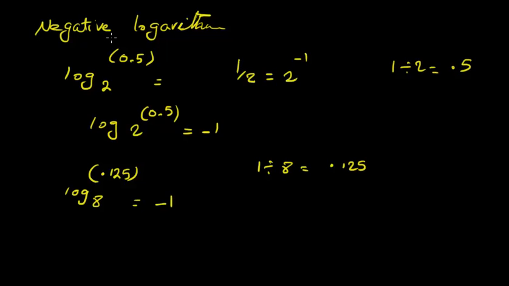Now let's evaluate some logs so we get the hang of it. Let's say we are asked to evaluate log 3 of 1 over 81. We know that 81 is equal to 3 to the 4th, right?